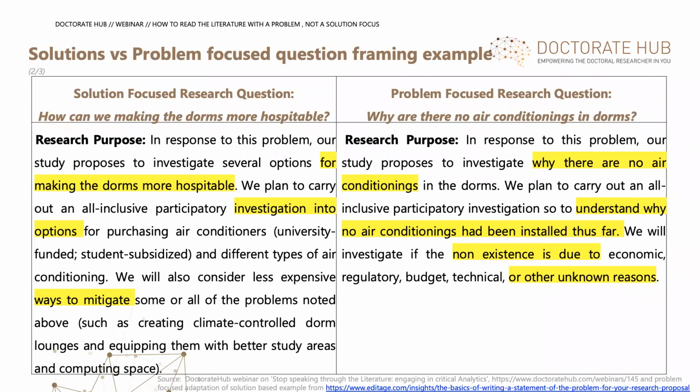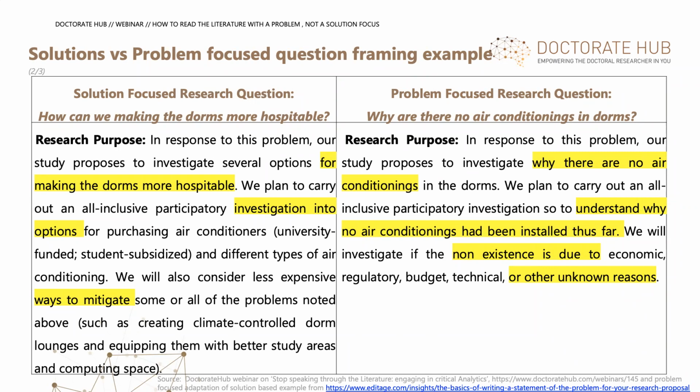Now, unfortunately, this is a real case that was taken from a real website, which really will be read by you and will provide you with guidance or misguidance on how to carry out your research. Now, what should have been done would have been a problem-focused approach in which the purpose of the research is, in response to this problem, our study proposes to investigate why there are no air conditionings in the dorm.